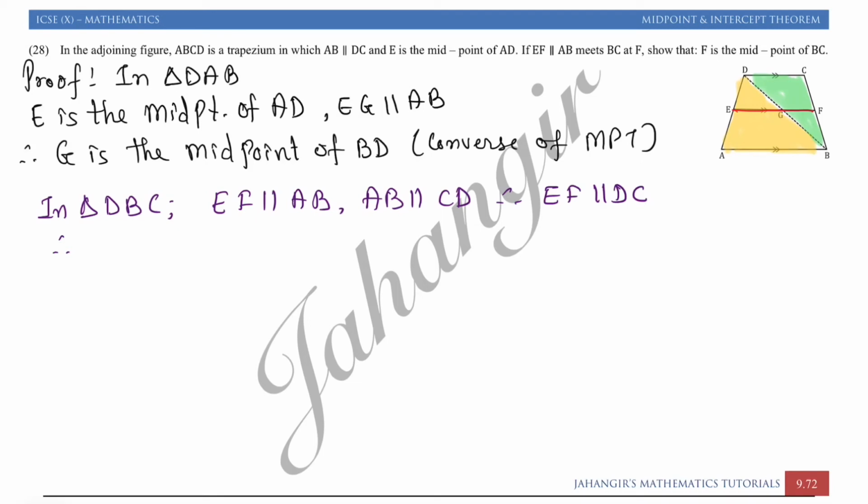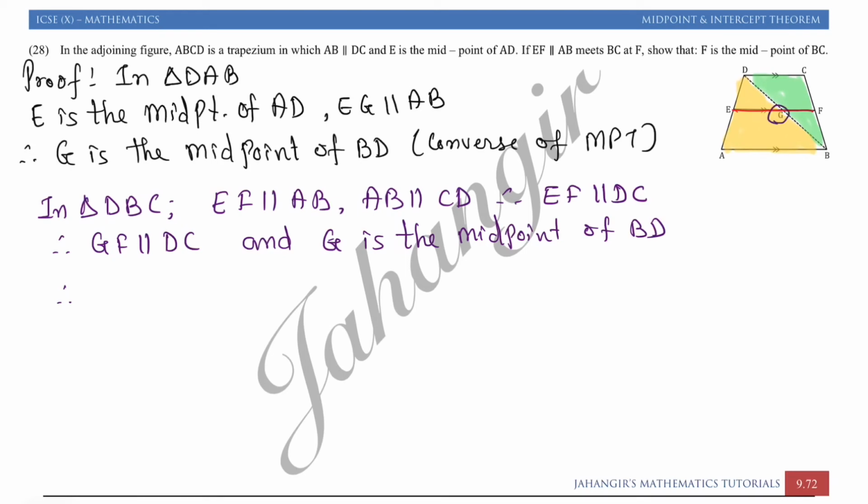So therefore GF is parallel to DC and G is the midpoint of BD. So the line passes through the midpoint of one side of the triangle and is parallel to another, so therefore it bisects the third side.